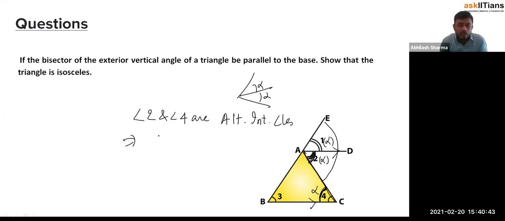So we can say angle 2 equal to angle 4. So if this is alpha, this is alpha. Similarly, angle 1 is equal to angle 3, because this line BE is acting as the transversal and they are corresponding angles. Angle 1 and angle 3 are corresponding angles.